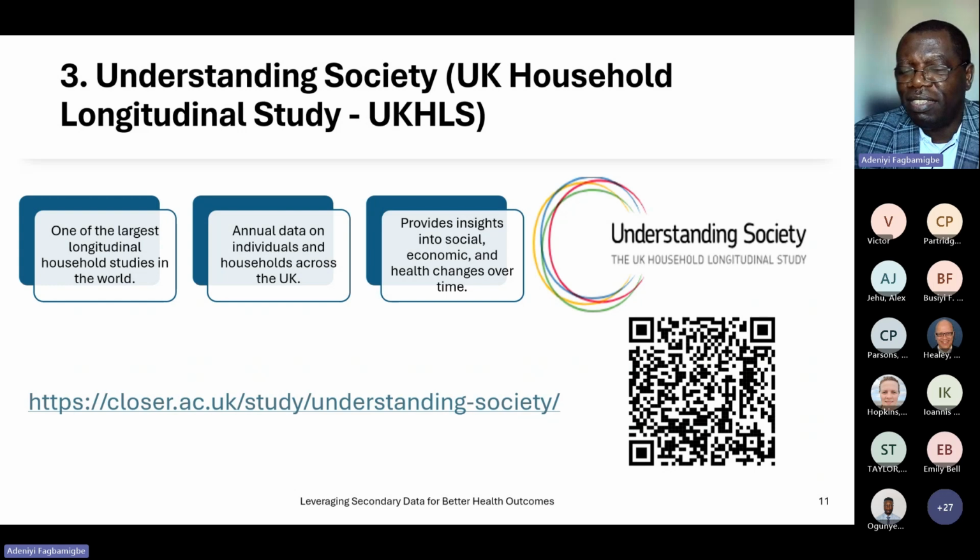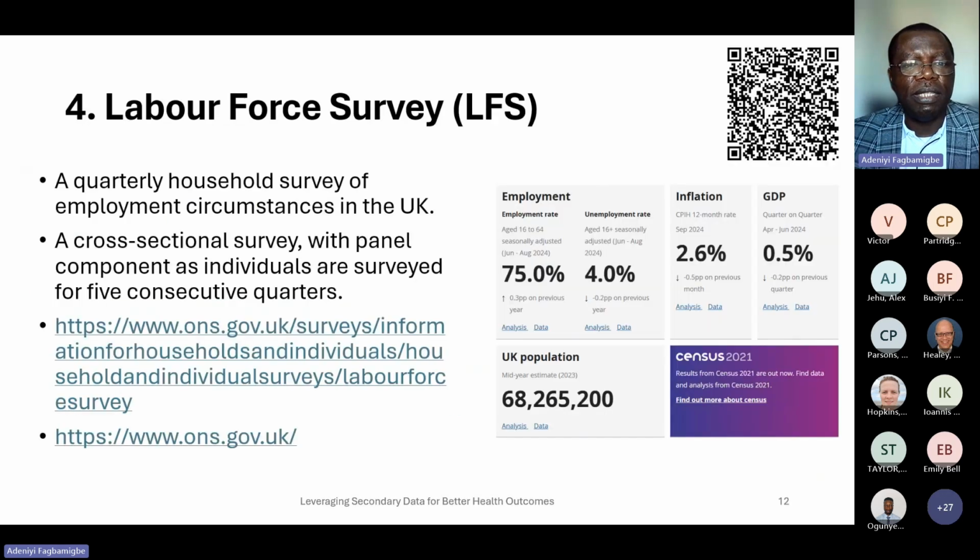It provides insights into socio-economic as well as health changes over time, and is very rich. You can see the information it provides. This is one of the data that we can actually leverage to understand the health outcomes and other associated characteristics of our community members.